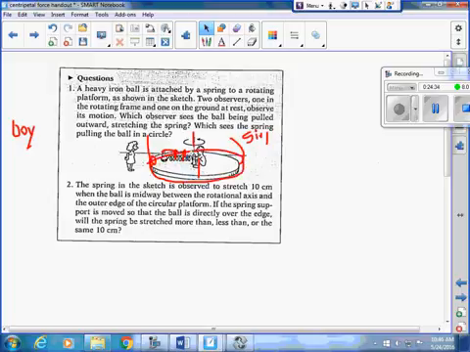If I'm standing in here, I do the same 2 seconds, but a much smaller distance, which means I'm going slower. I'll have to be going faster on the outside, right? And you feel that when you're on a merry-go-round, if you're way on the outside. If you're starting to feel sick, where's the best place to go? Towards the center. You're moving less, right? So it will be stretched, you're right, more than.